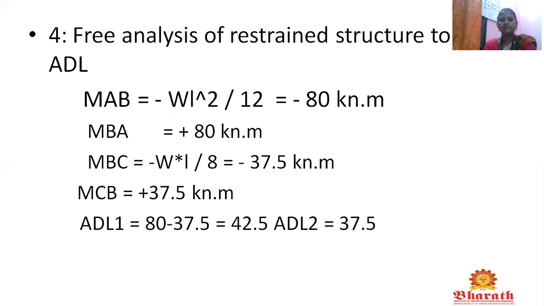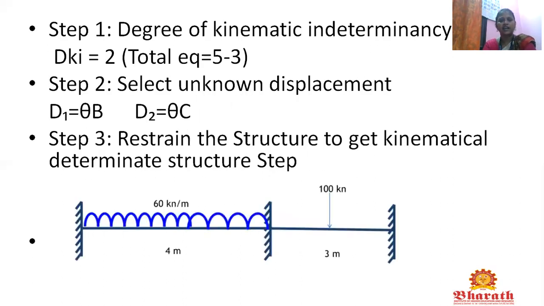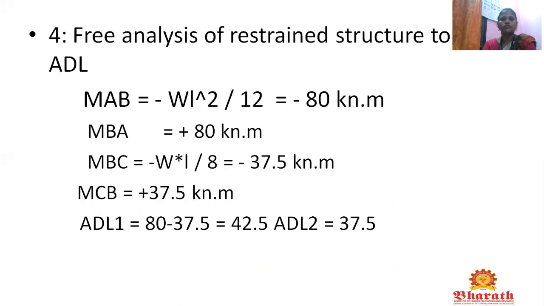We also have to consider the sign convention. For MAB, the moment is rotating in anti-clockwise direction, so we have to take minus. If you consider the moment from B to A, the moment is rotating in clockwise direction, that is positive. So MAB is equal to minus WL square by 12.